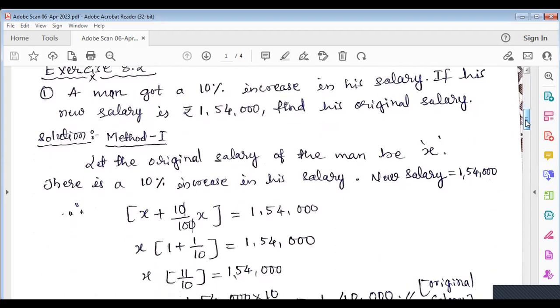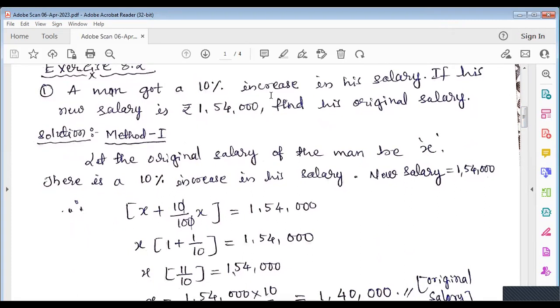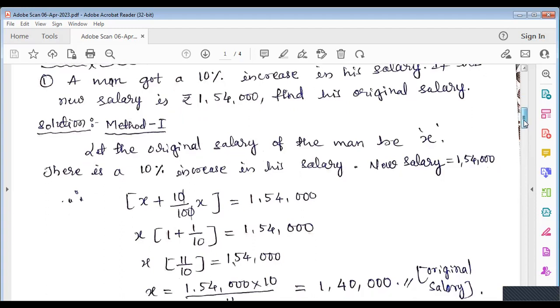So the first problem in this exercise 8.2 is like this. A man got a 10% increase in his salary. If his new salary is 1,54,000, find his original salary. So this is the problem.